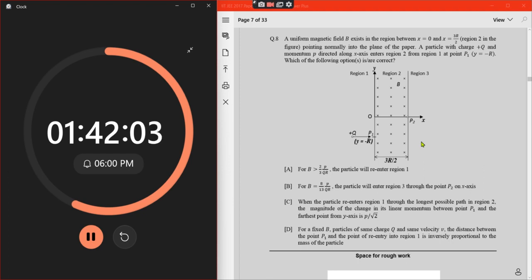This distance plus this thing, 3r upon 2 squared. Why is this happening to me? Okay, this distance should be equal to small r squared, right? That's when this will happen.